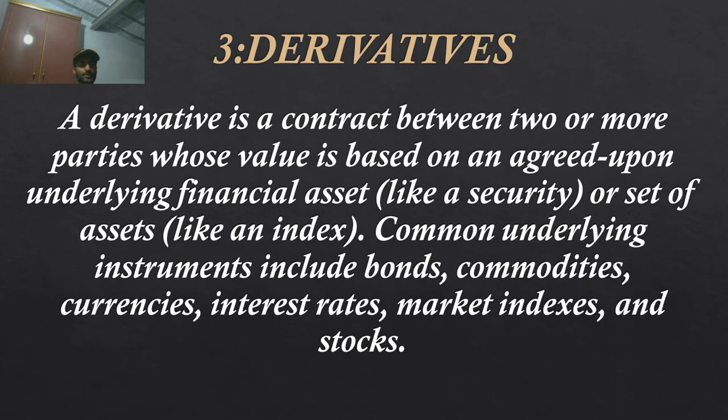Number 3, derivatives. A derivative is a contract between two or more parties whose value is based on an agreed upon underlying financial asset, like a security, or a set of assets like an index.